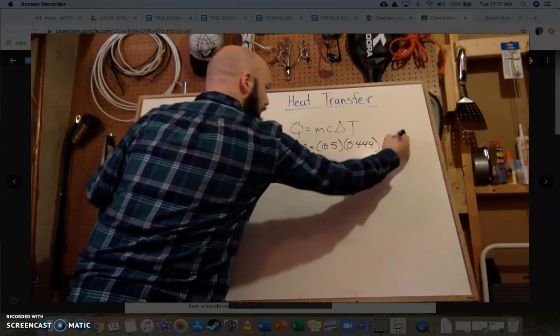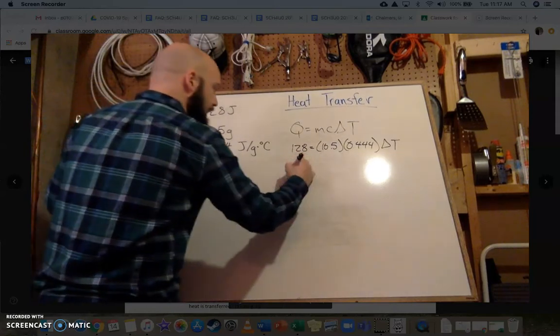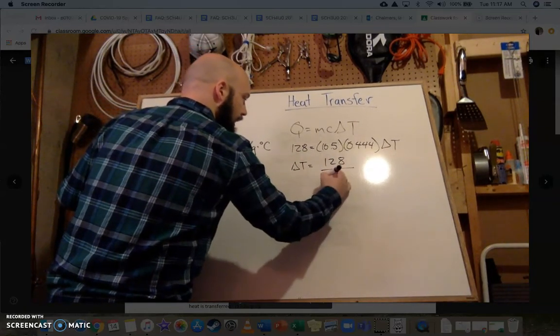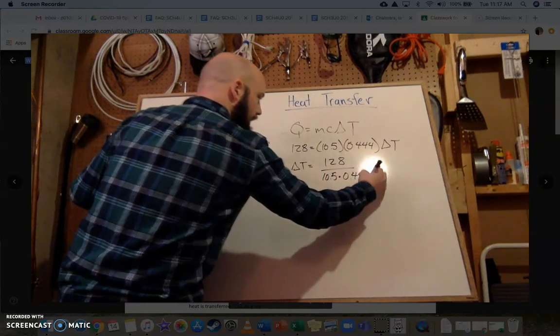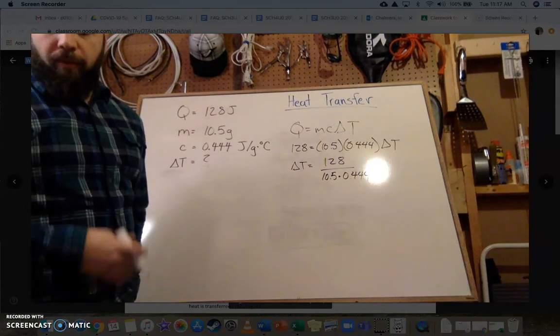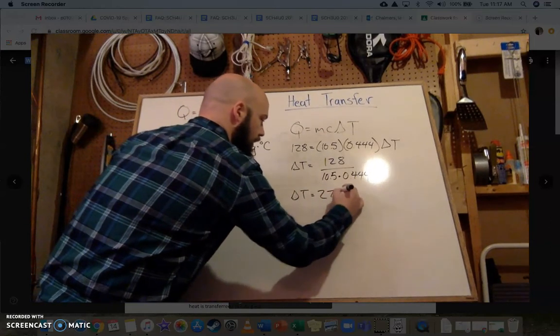0.444 delta T. We can rearrange for delta T, and we would get that that is 128 divided by 10.5 times the specific heat capacity of iron. That value gives us 27.456 degrees Celsius.